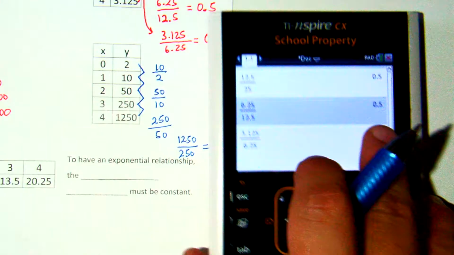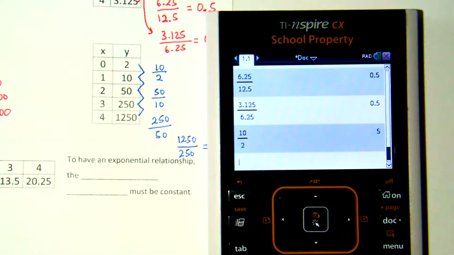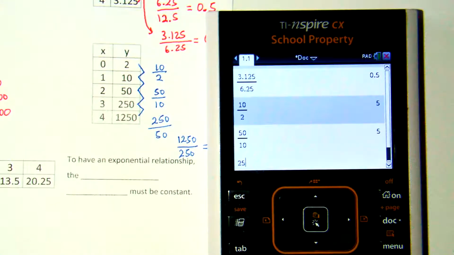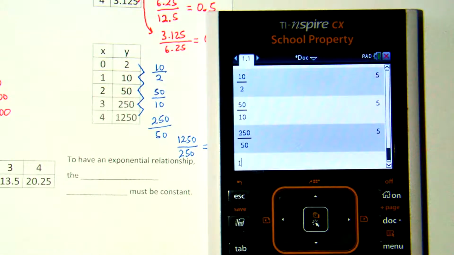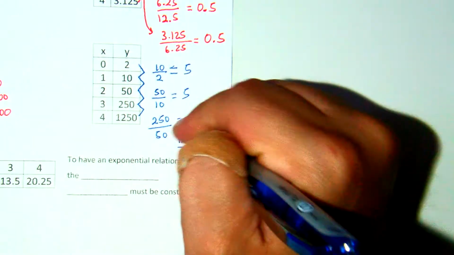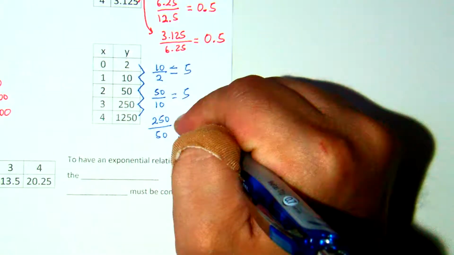What do we get each step of the way? 10 divided by 2, we know that one. 50 divided by 10, we know that one. 250 divided by 50, are we seeing a pattern? And 1250 divided by 250. Each step of the way we got 5, 5, 5, and 5. So this table has a common ratio equal to 5.